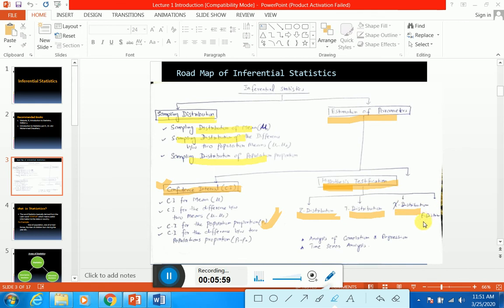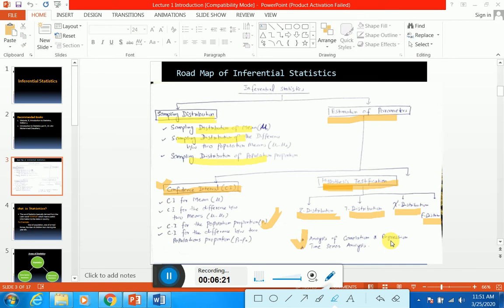After that, we will discuss the last distribution, which is known as the Fisher distribution, or F distribution. At the end, we have 2 further topics. One is analysis of correlation and regression.